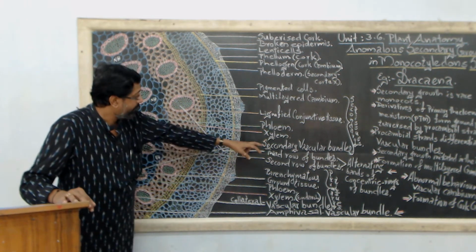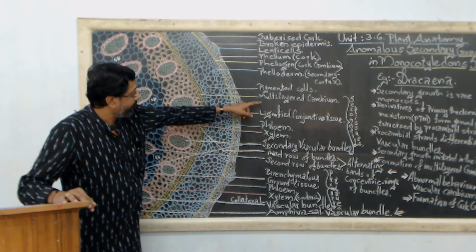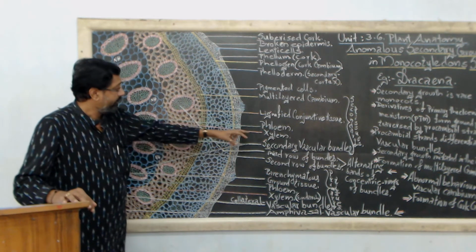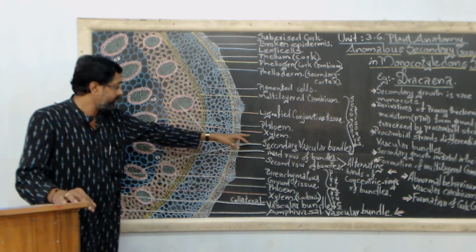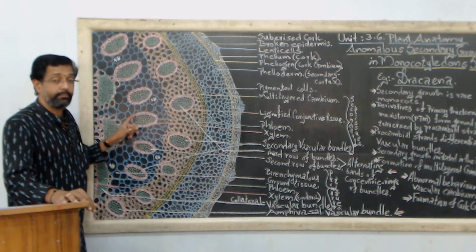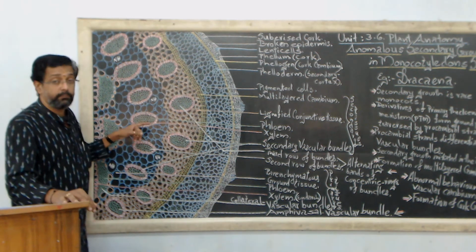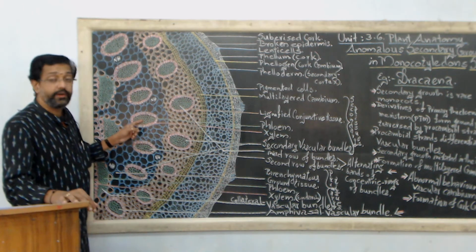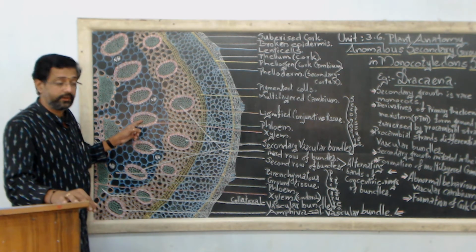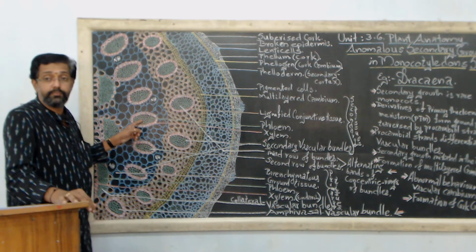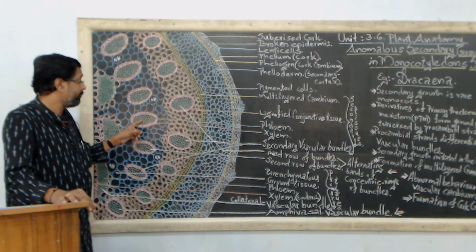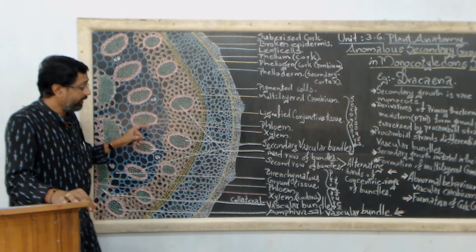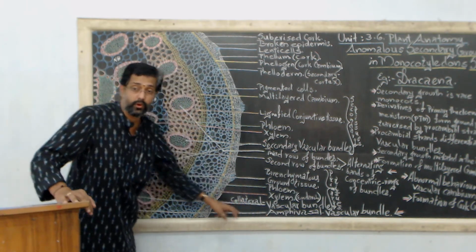So here we can see the multilayered cambium, lignified conjunctive tissue, and the bundles with the phloem and also xylem. Phloem is completely surrounded with the xylem. That is why the bundles which are formed during secondary growth in thickness in the species are due to the anomalous behavior of the cambium, which forms the amphivasal bundle.